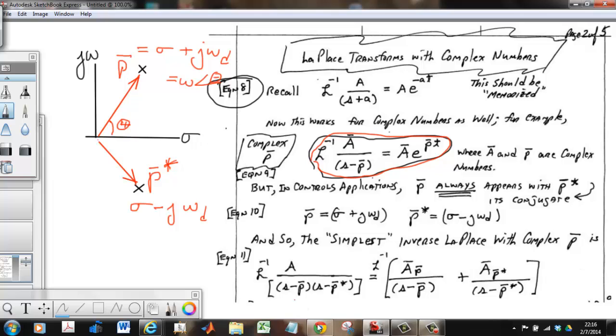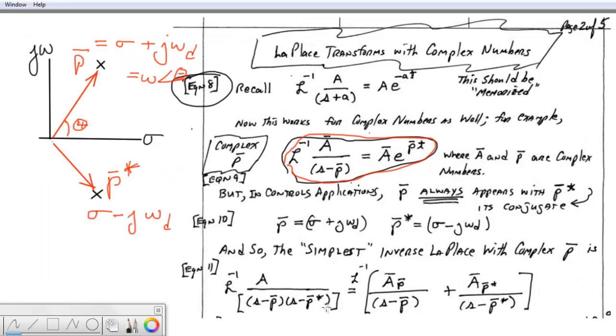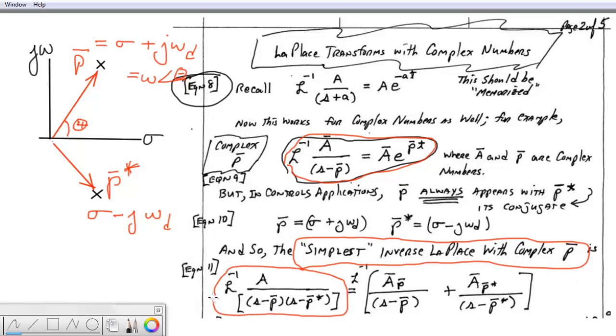So, if that's the case, and this will be the case for a second order system, so the simplest inverse Laplace for a complex is going to be for a second order system. And that's going to give us two poles, one complex p and one complex p star. And if we do the partial fraction expansion, PFE, of that, then we'll have an arbitrary constant A for the first pole and another A for its complex conjugate.